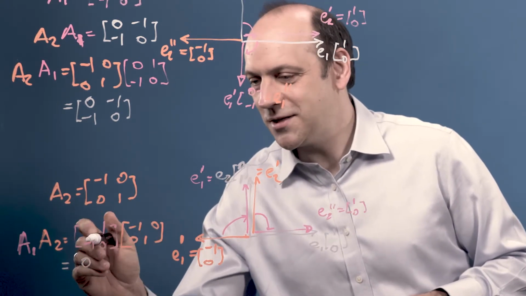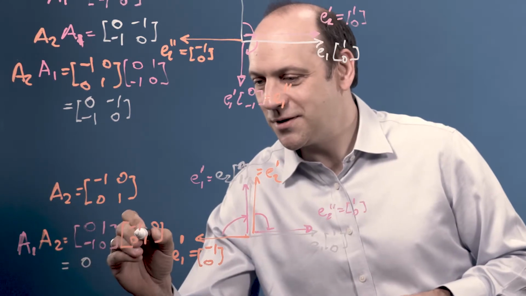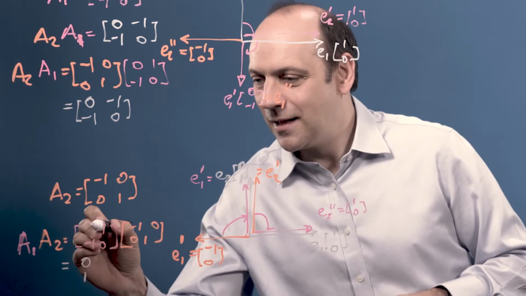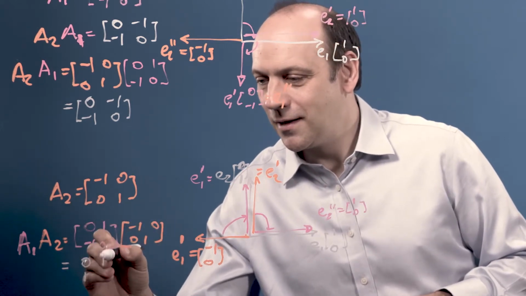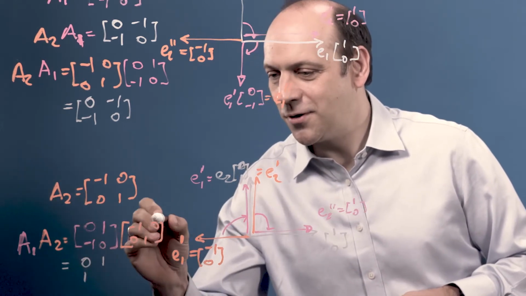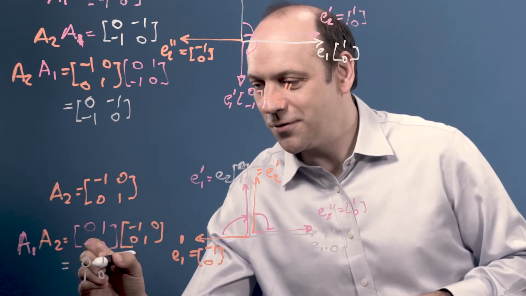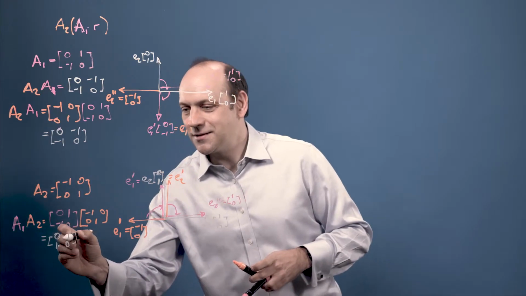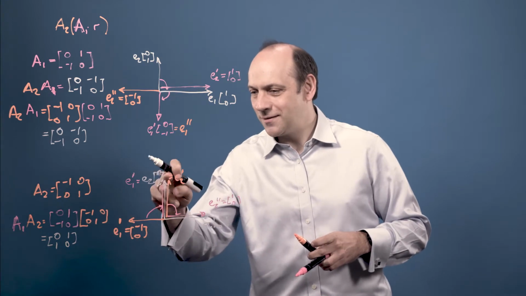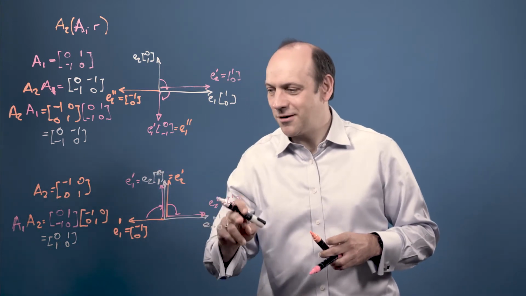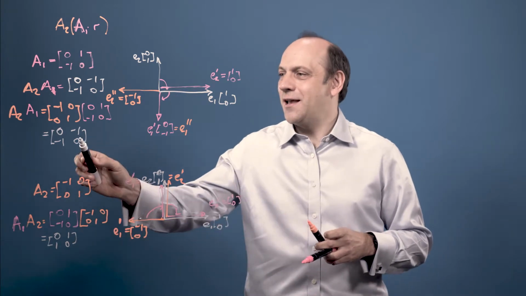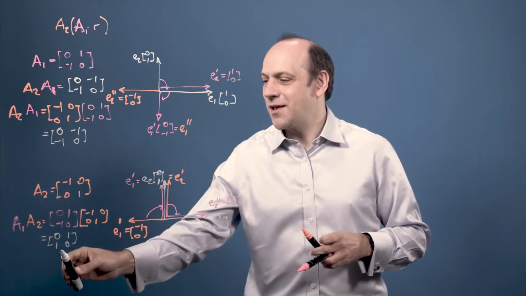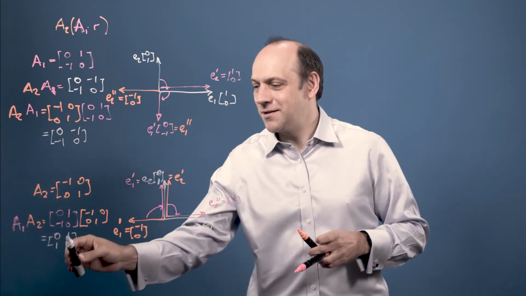Then this one times this one, -1 times -1 plus 0 times 0 is 1. This row, second column, 0 times 0 plus 1 times 1 is 1. And second row, second column, -1 times 0 plus 0 times 1 gives me 0. So the first column is (0, 1), and the second column is (1, 0). That isn't the same as doing the operations in the other sequence. You see these minus signs are flipped.